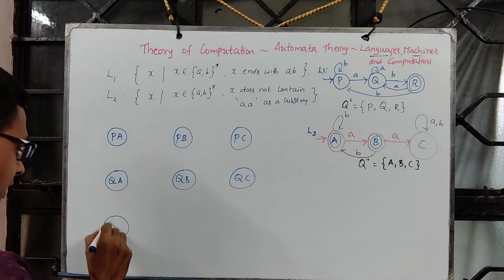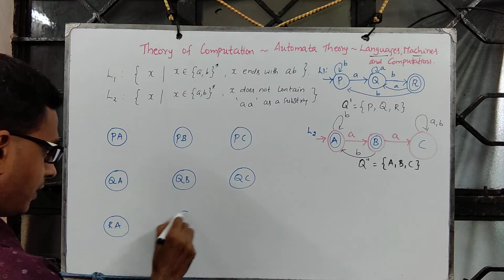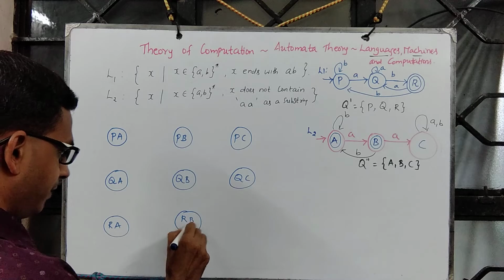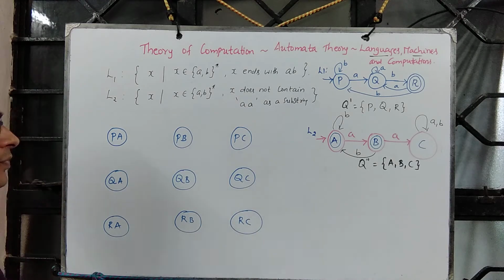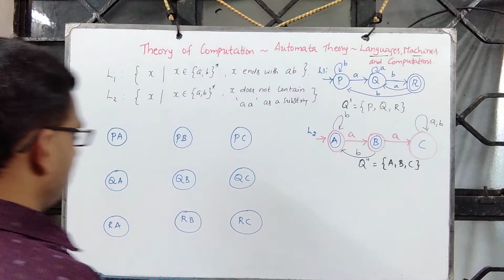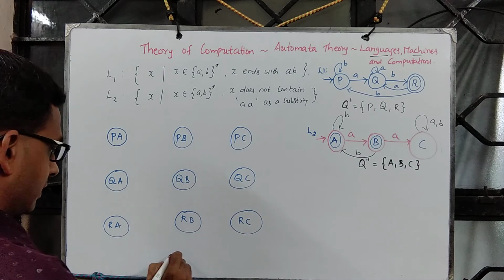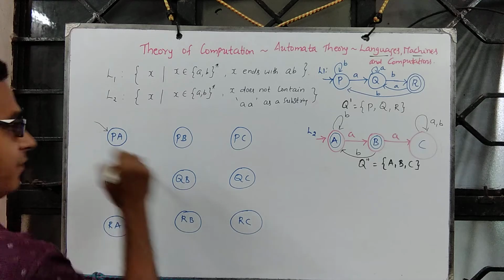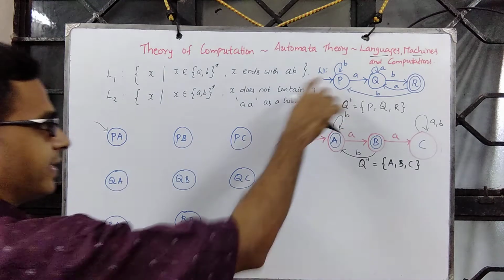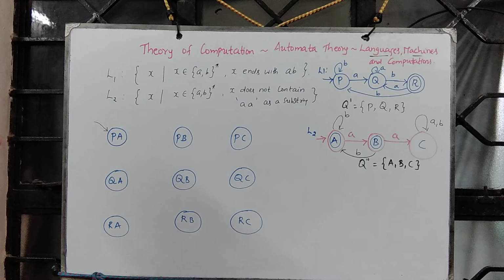Next one is RA, RB, RC. Okay, so the start state for this one is the state in which the start states of both are present.